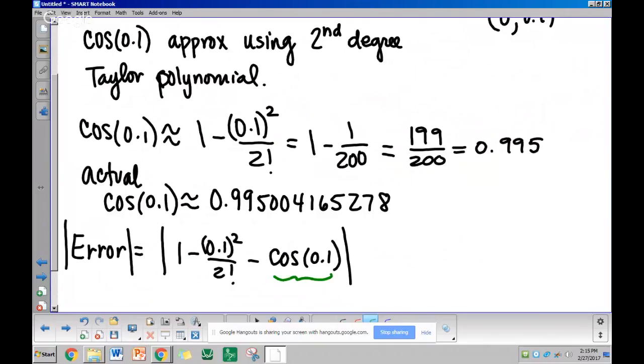The calculator. Can somebody give me that number?